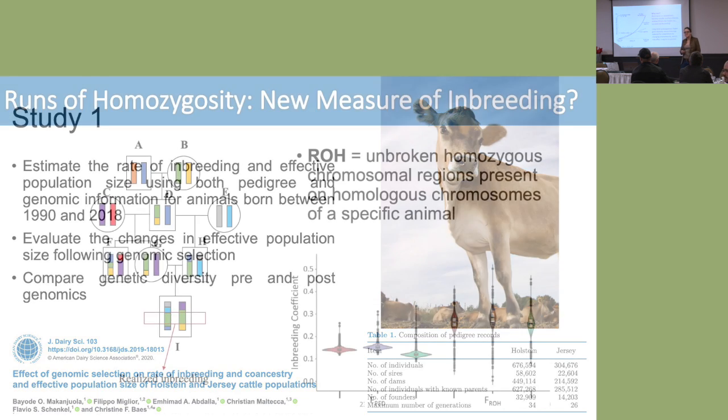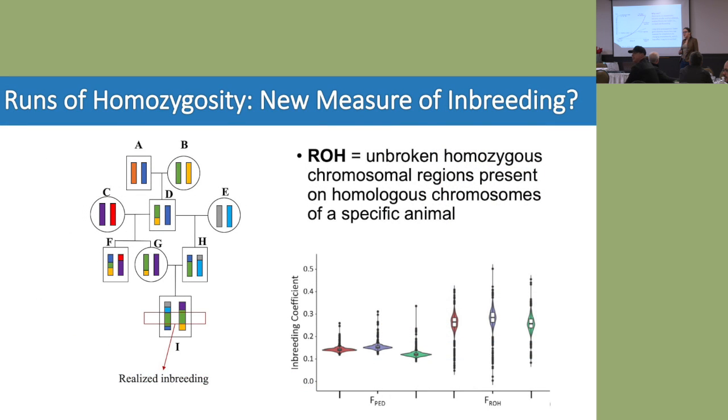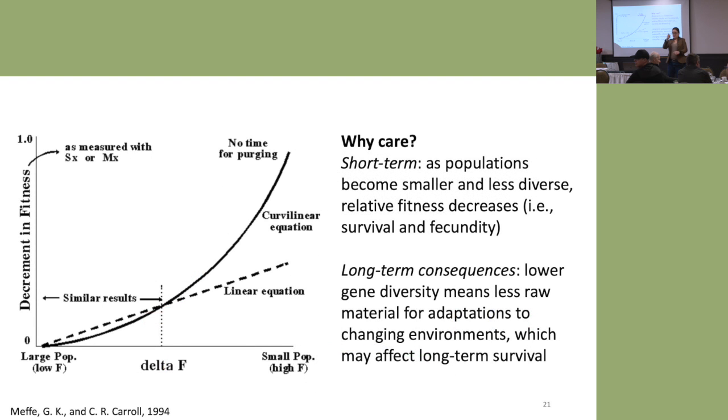You had a graph before that was showing genetic gain after genomics. And you made the comment that we've got genetic gain and also an increase in inbreeding. So do you mean that we can't exactly figure out when we're going to hit it? Yes.